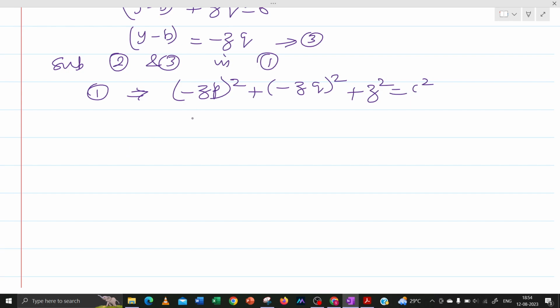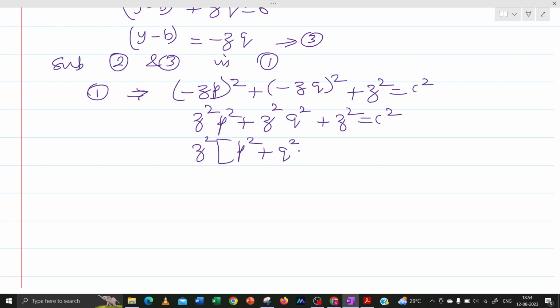So z square p square plus z square q square plus z square equal to c square. Therefore, we can take z square outside. Then we will get z square into (p square plus q square plus 1) equal to c square, which is the required PDE.